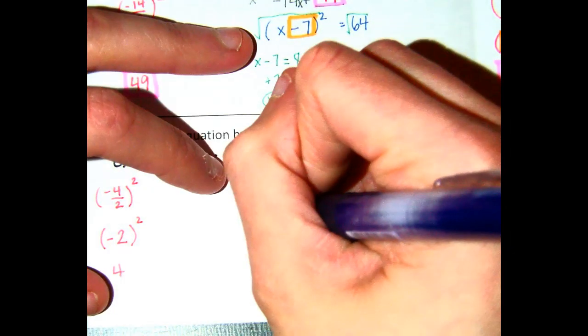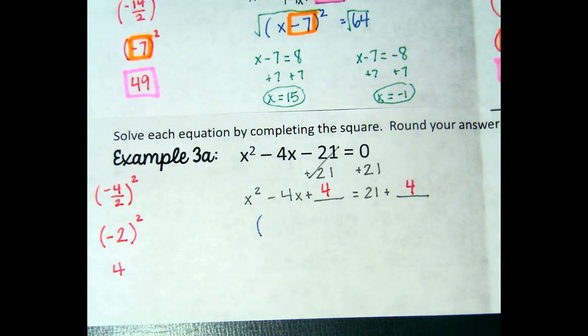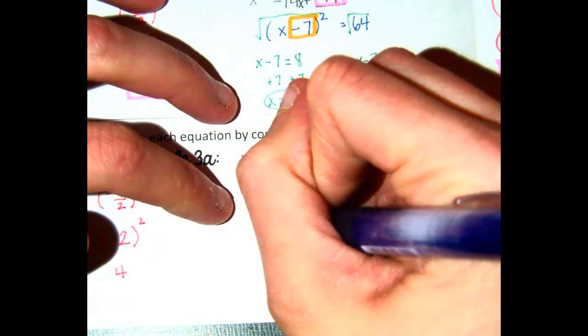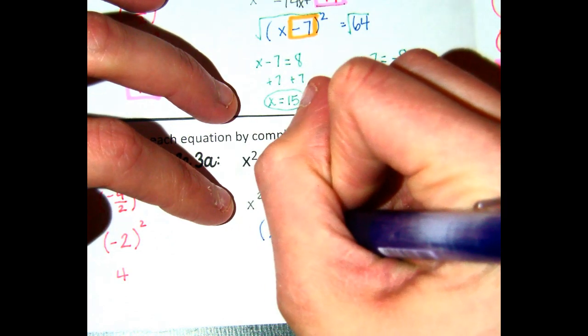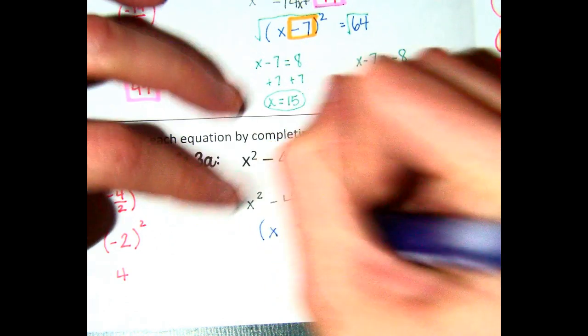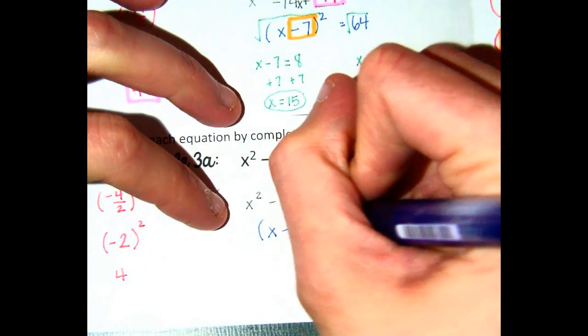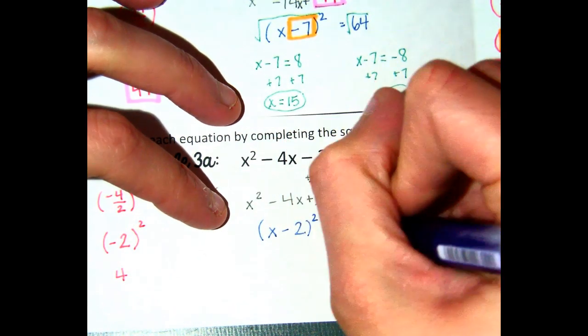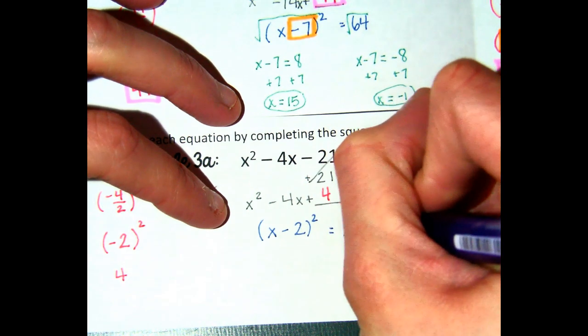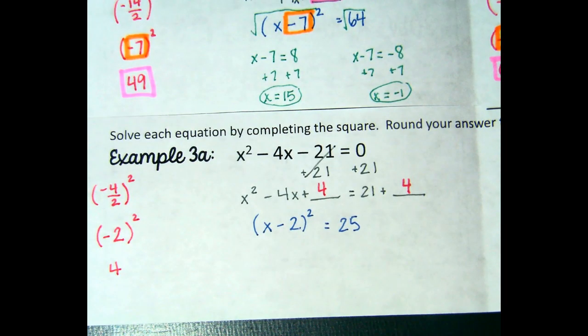What do I do? The perfect binomial. So how do I write that? X minus 2 squared equals 25. Where did 25 come from? 21 plus 4. Okay, now what?